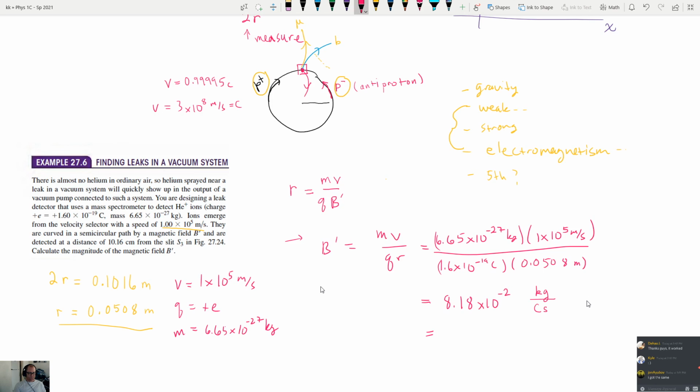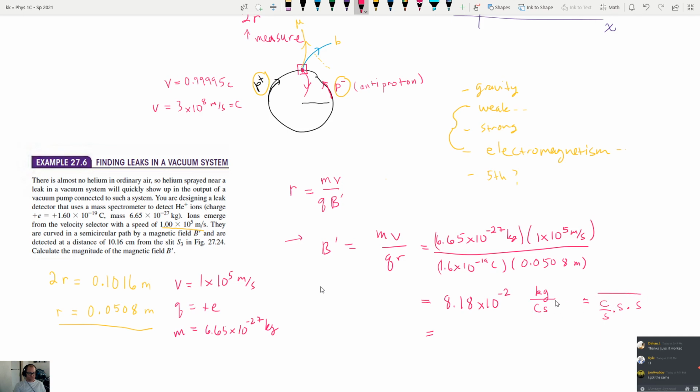Coulomb, this is tough, but basically if I do coulombs per second times seconds times second, that doesn't change anything for the denominator.